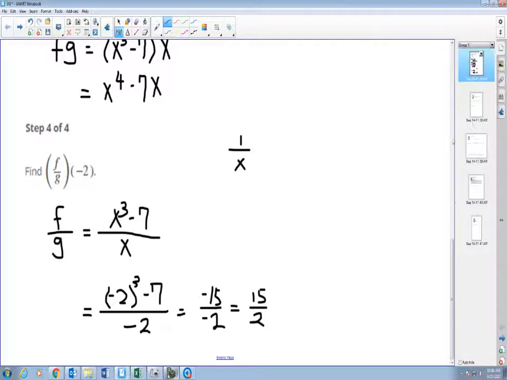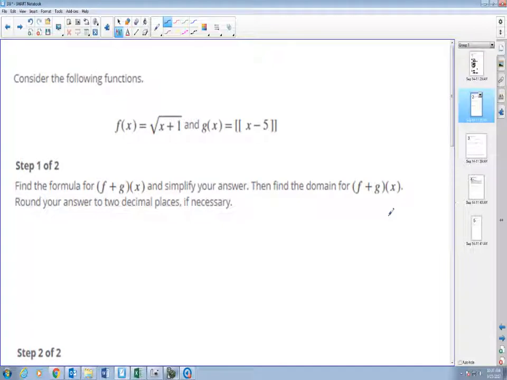Let's combine more functions. Greatest integer function right here, and this is a square root function. Find the formula for f plus g of x and simplify your answer. Then we're going to find the domain for our new function. Round to 2 decimal places if necessary.